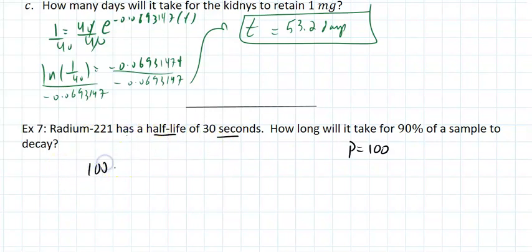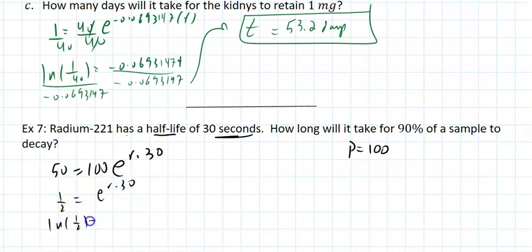If I start with 100, in 30-second time, if I leave this in seconds, that's very good. I could use 30. If you want to keep it to minutes, you're going to put half a minute, and now t will be in minutes. That 100 will become 50. 1/2 will equal e to the r times 30.